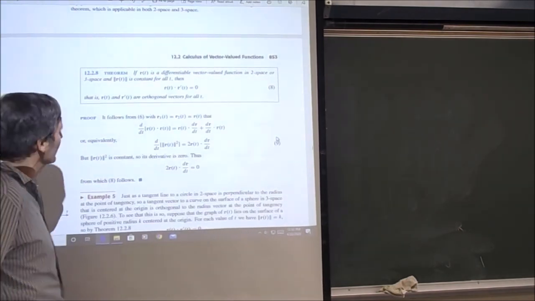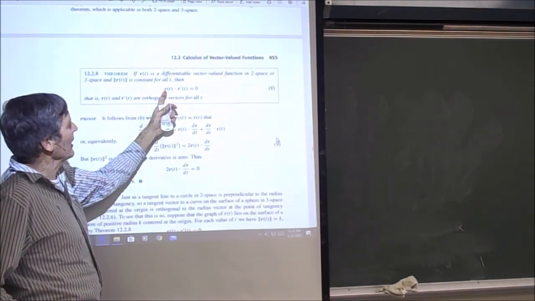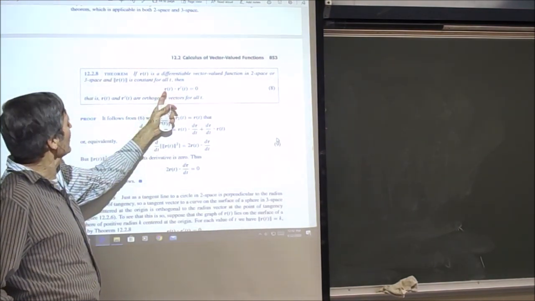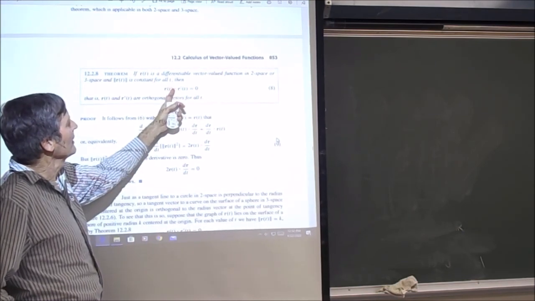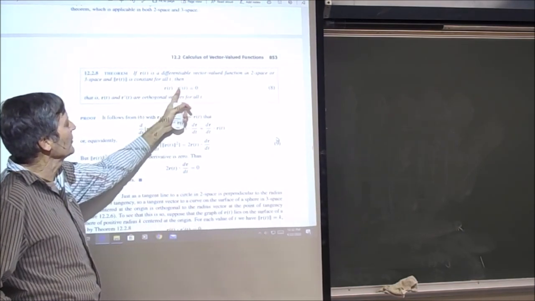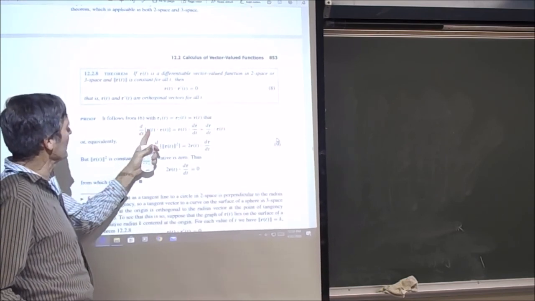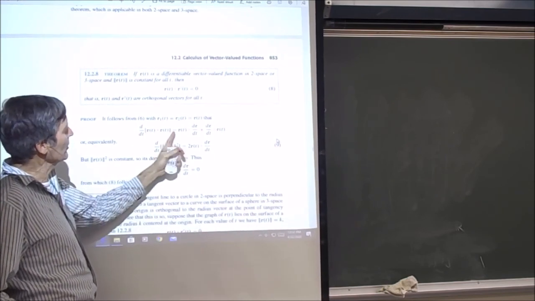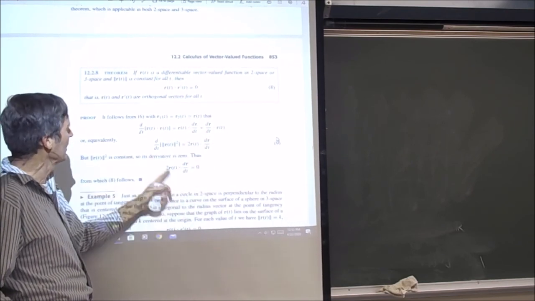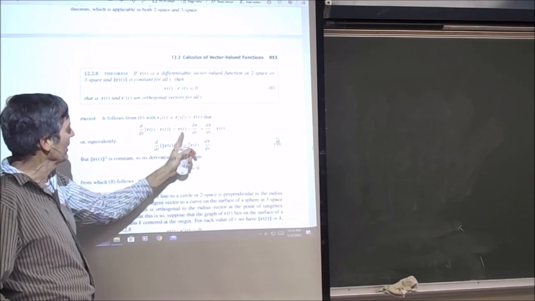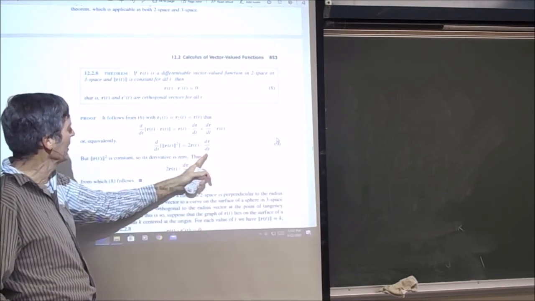Then we have this wonderful theorem. If you take a vector valued function that's constant length, and you dot product it with its derivative, you get 0 always. Here's the proof of it. The derivative of r dot r, by the product rule we just got, is r dot dr/dt plus dr/dt dot r, which is twice r of t dot dr/dt, since you can do the dot product in either order.